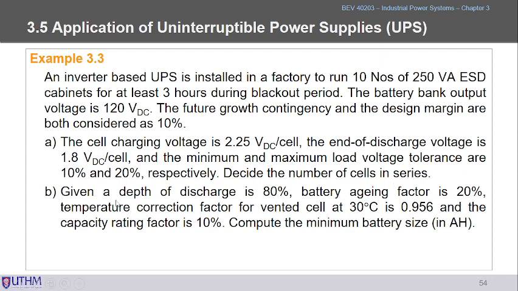And B is given a DOD. DOD is the depth of discharge, 80%. The battery aging factor is 20%, the temperature correction factor at 30 degrees is 0.956, and the capacity rating factor is 10%. So we need to compute the minimum battery size in ampere hours in this case.